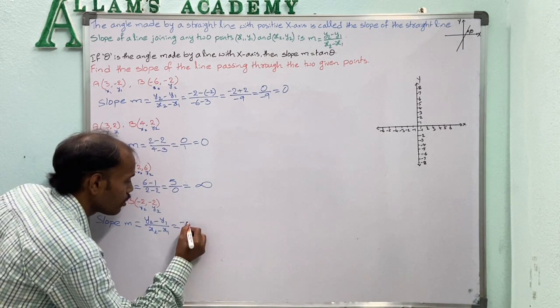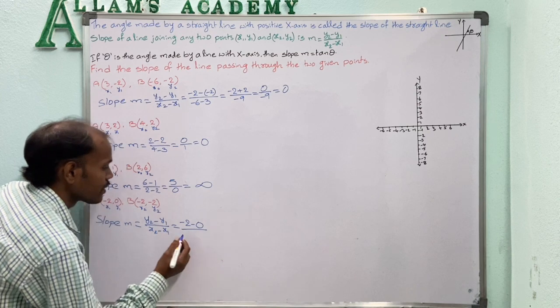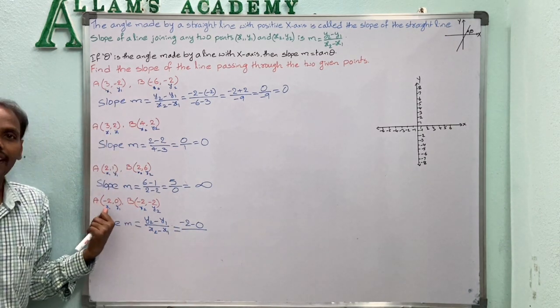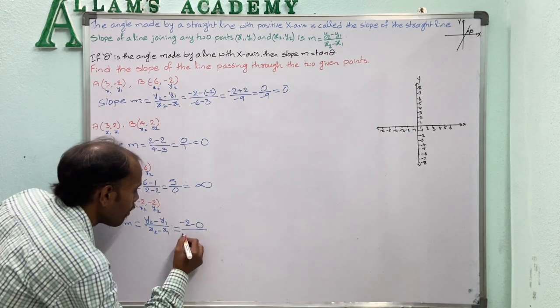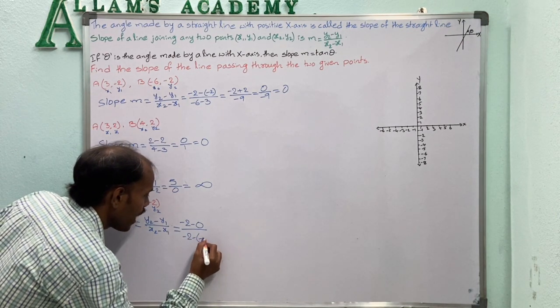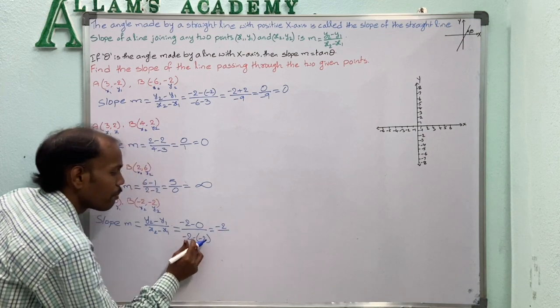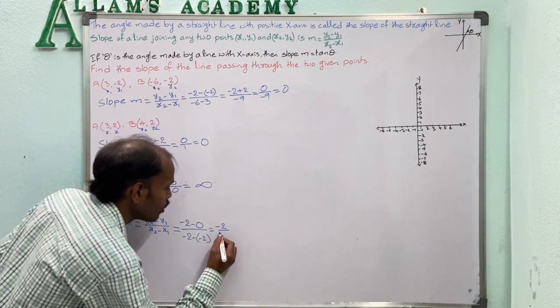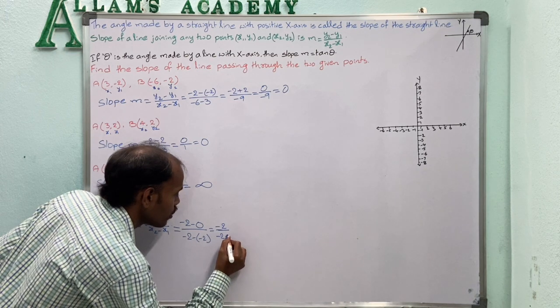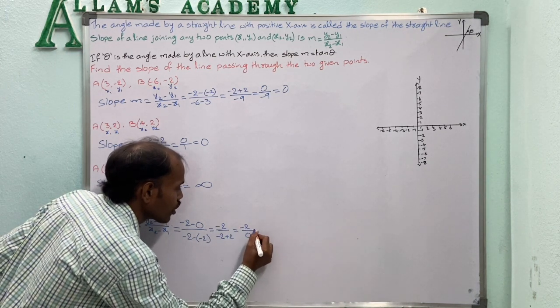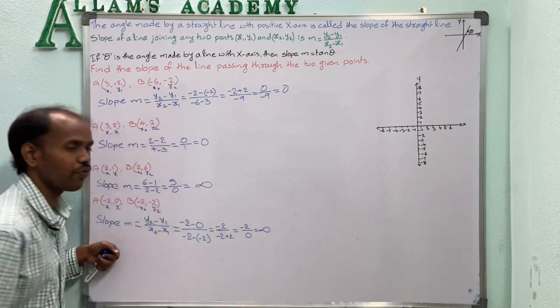So minus 2 minus 0 by x2 minus x1. x2 is minus 2 and x1 is minus 2. So minus 2 minus 0 by minus 2 minus minus 2. Minus 2 minus 0 is minus 2. Minus of minus 2 is plus 2, so minus 2 plus 2. Minus 2 plus 2 is 0. So minus 2 by 0, that is also undefined.